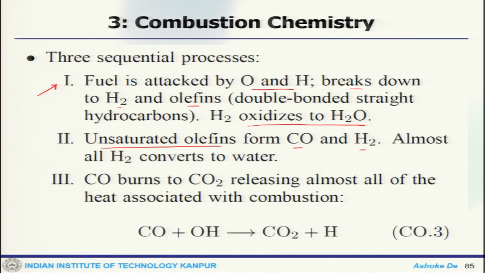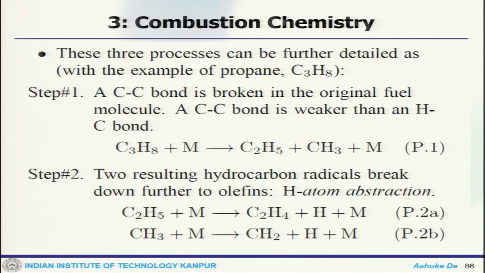That happens at the second step, and at the third step, CO is oxidized to CO2, releasing almost all the heat associated with the combustion. This is the step which is quite important. Now we can look at these things with an example.